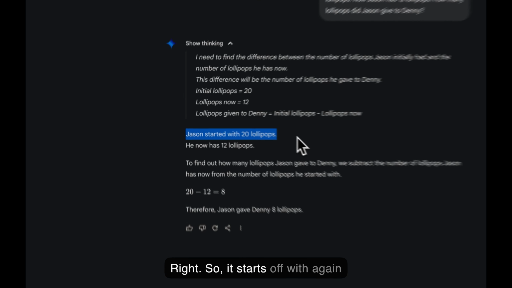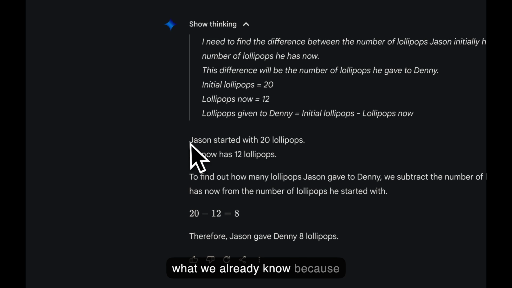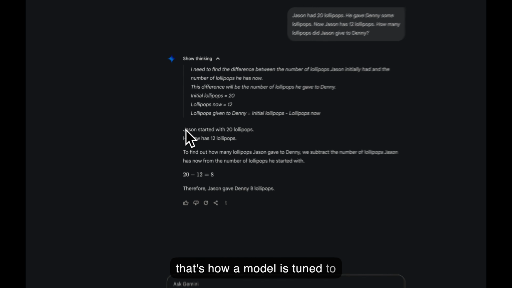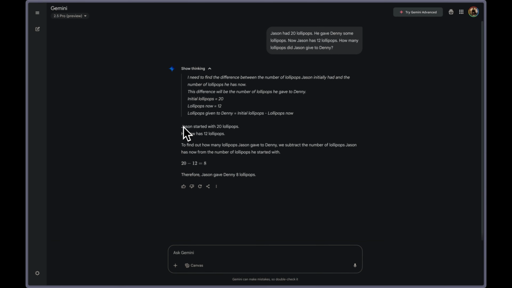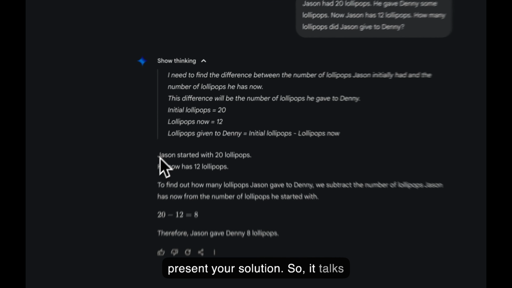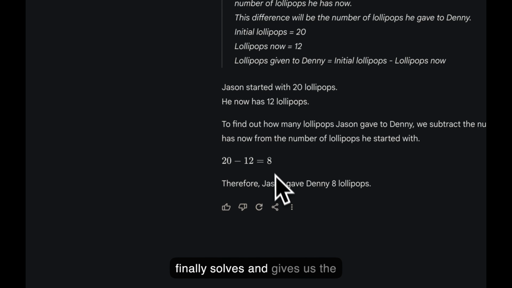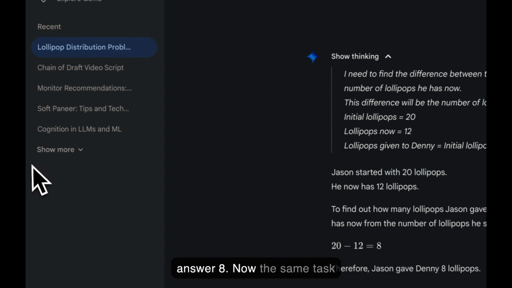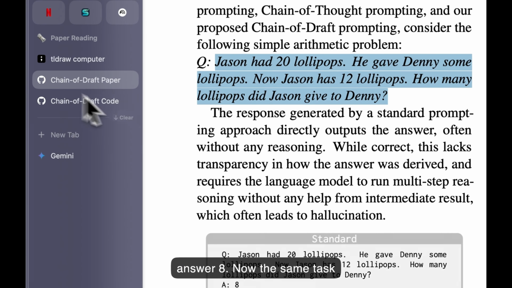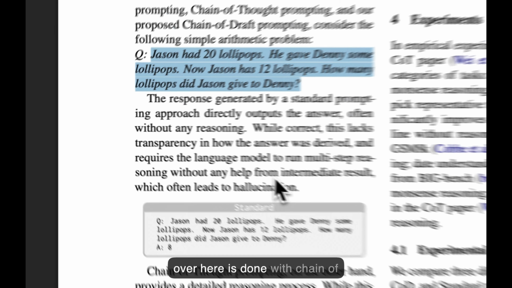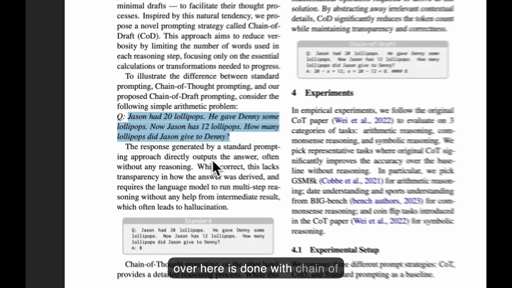So it starts off with, again, what we already know, because that's how a model is tuned to answer. Give the information which was given to you first to the user, then present your solution. So it talks about the details given in the question, then it finally solves and gives us the answer 8.